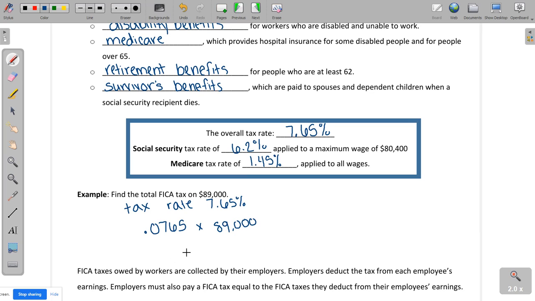When we multiply this, we get $6,808.50. So that's the total FICA tax that will be taken out.